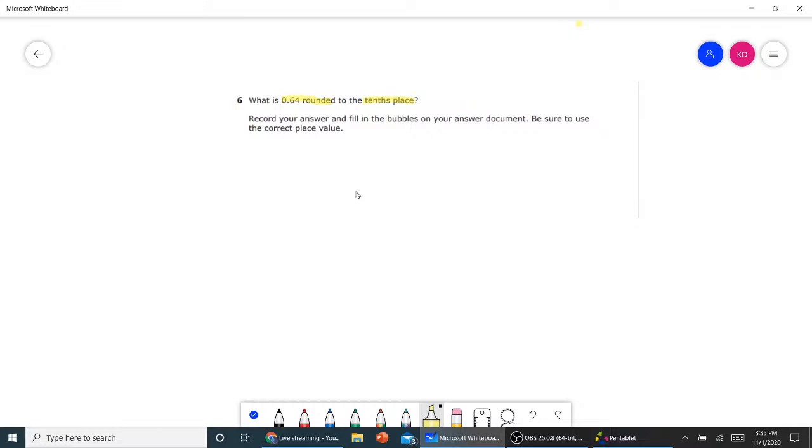So what the question is asking is, what is 0.64 rounded to the tens place? In math, we have these things called places, place values.